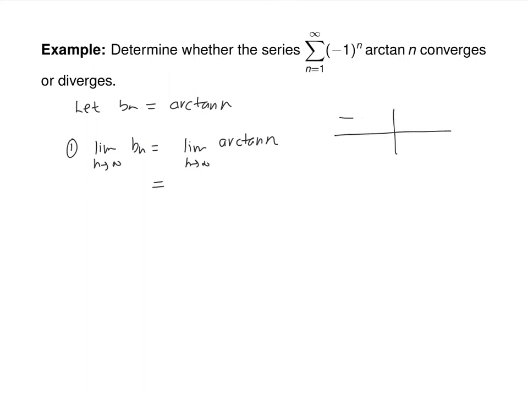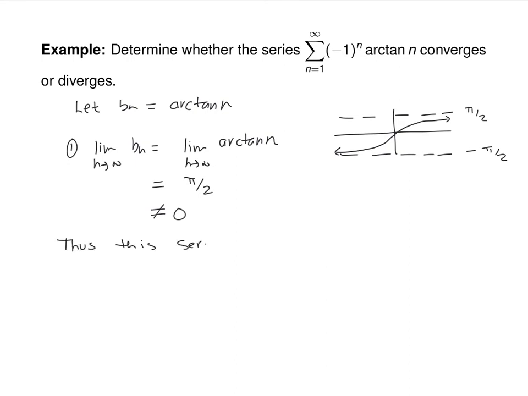Arctangent has horizontal asymptotes at positive pi halves and negative pi halves, and it looks approximately like this. So as n goes to infinity, arctan of n goes to pi halves, which is not equal to 0. Thus, this series diverges.